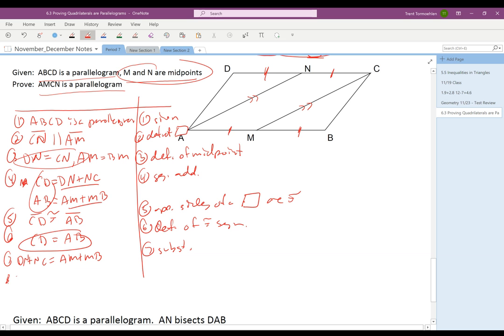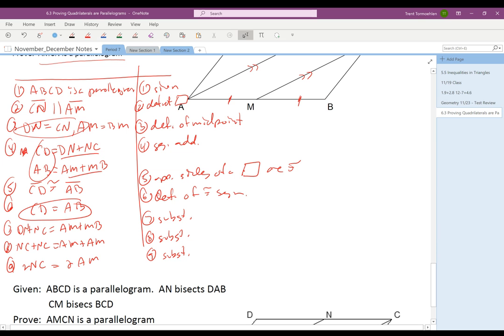I want CN equal to AM, so I'm going to plug in the NC. So I get NC plus NC equals AM plus AM. That gives me 2NC equals 2AM by substitution.